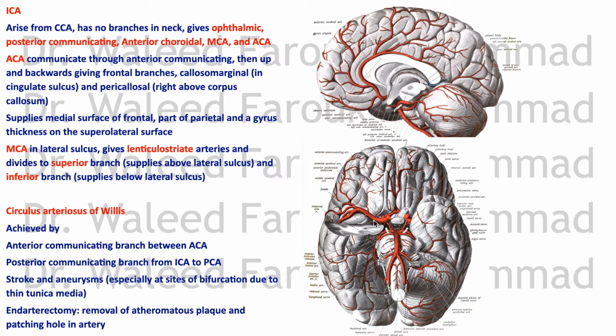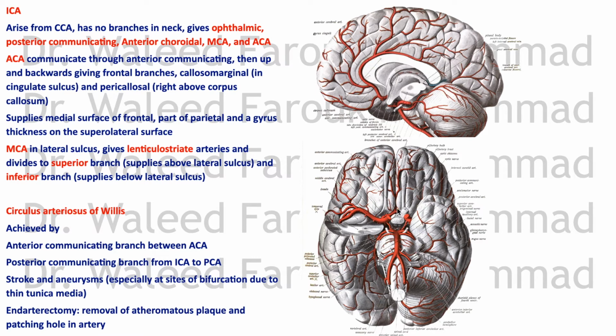Now, we need to connect both systems, the internal carotid system and the vertebro-basilar system. So simply make a connection between the internal carotid and posterior cerebrals. This is the posterior communicating branch of internal carotid, and complete the circle by an anterior communicating branch between the two anterior cerebral arteries.